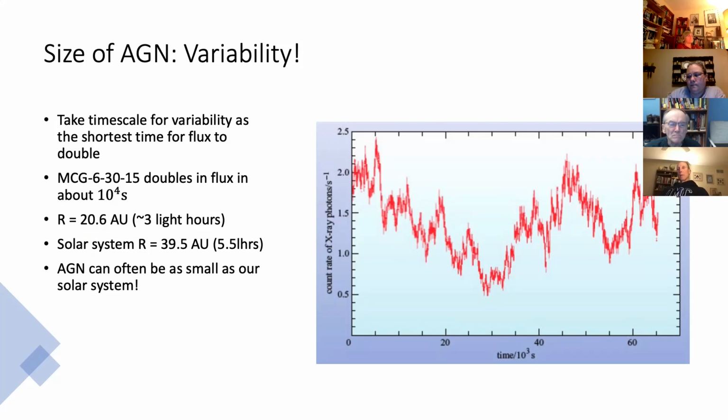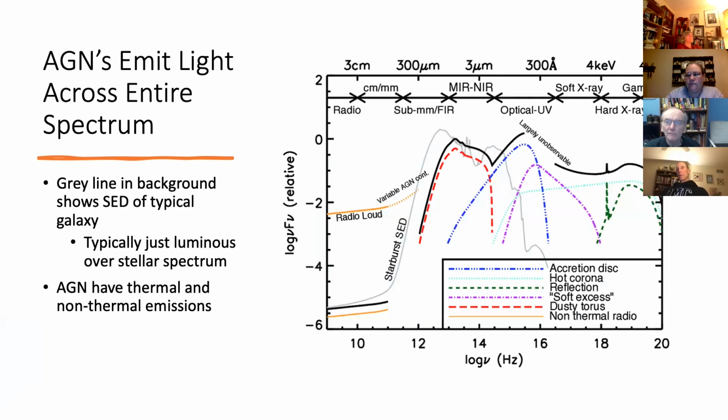This is smaller than our own solar system. This shows that active galactic nuclei are extremely compact, even smaller than our solar system, which on the scale of galaxies is extremely small.